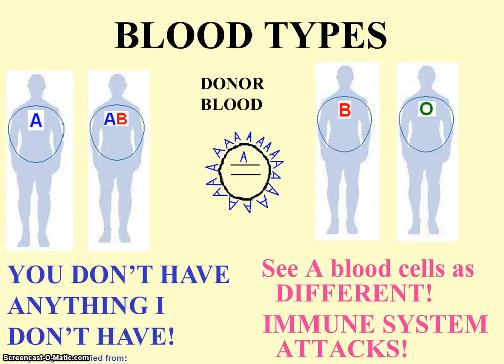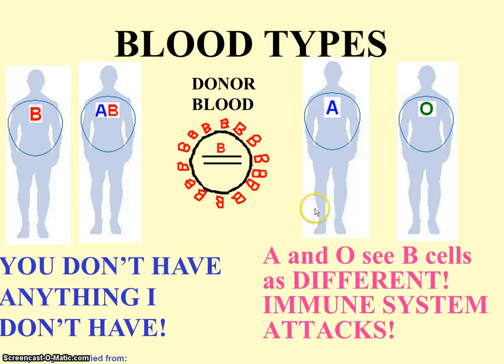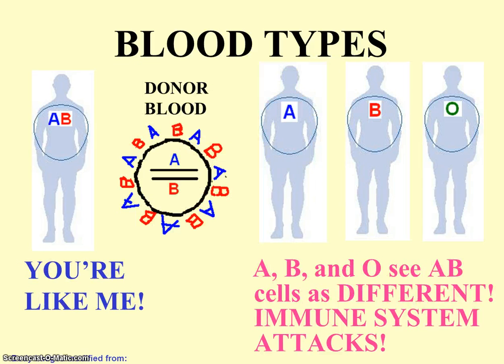And a few more things about blood type and why they don't go together. If you don't have anything, A blood, this one sees A blood as different, and the immune system attacks. So right now, these can get along, these cannot get along with this A blood. For B, same thing, B blood can go to B or AB, but not to those.